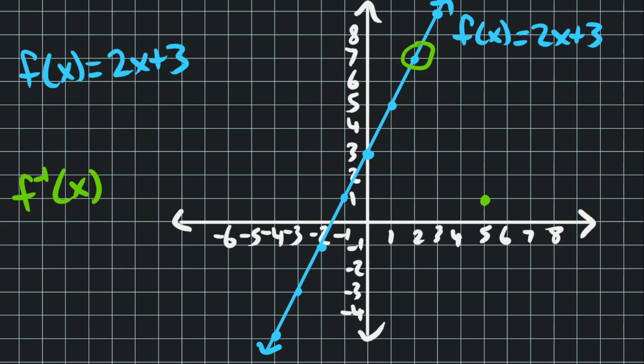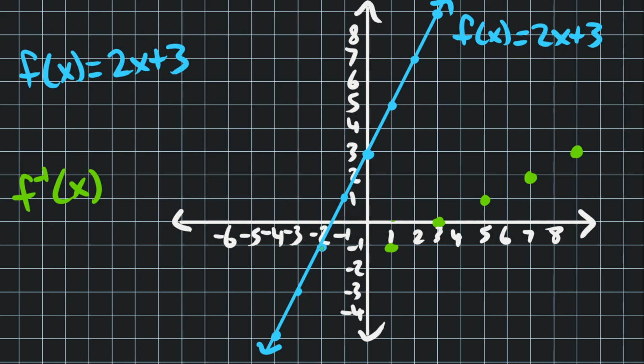So what is this? This is 2 comma 7. That becomes 7 comma 2, which is here. This is 3 comma 9. That becomes 9 comma 3, which is here. This is 0 comma 3. That becomes 3 comma 0. Negative 1 comma 1 becomes 1 comma negative 1.